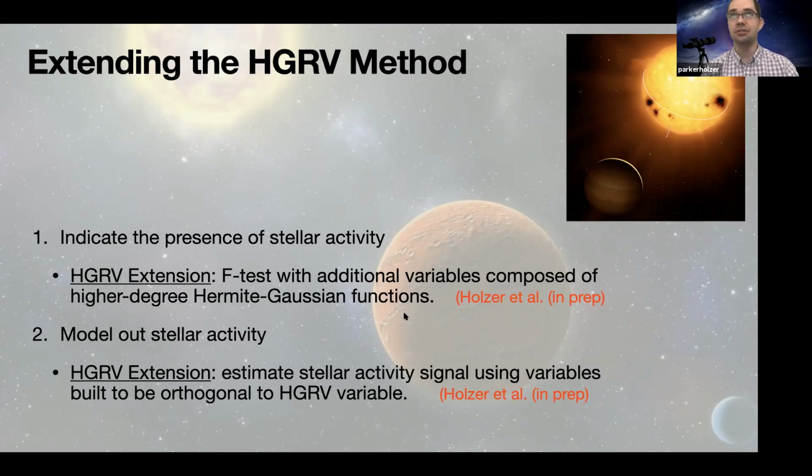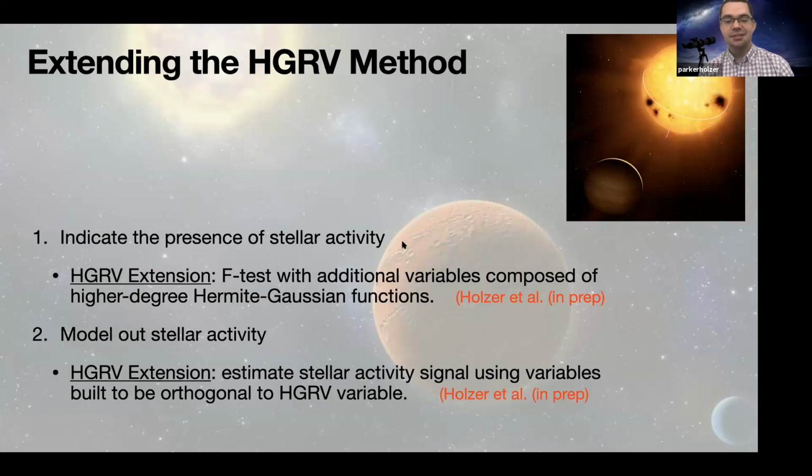Include some of the higher degree ones as well. Since only one of those should be affected by a Doppler shift, we can try to indicate the presence of stellar activity by running an F-test on all of these additional variables that we might add in. This is something that we're working on and that seems to be showing some good promise so far.